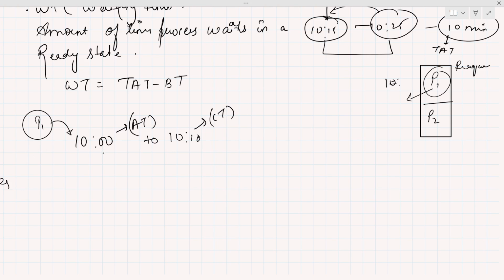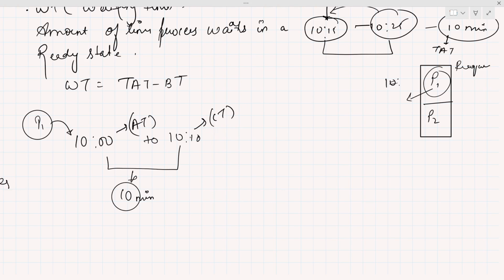The process arrives at 10 and completes at 10:10. What's the difference between these two? 10 minutes is the difference. So we understand arrival time, when the process arrives to execute, and when the process is executed and terminated, that's the completion time.